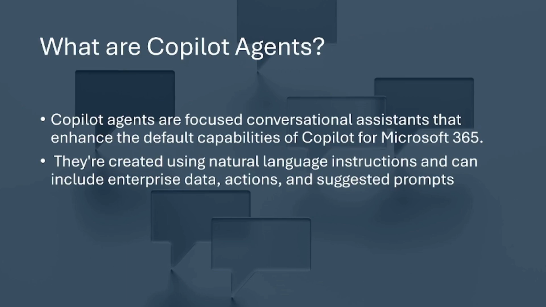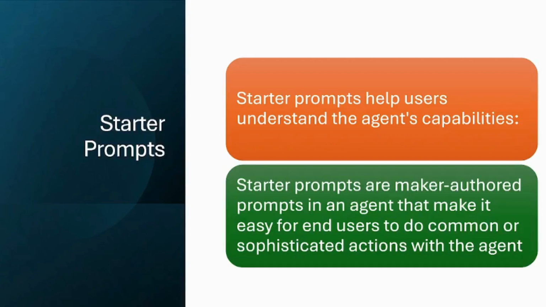You can build an agent specific to a particular prompt, or it might be connected with a knowledge base or actions. These are created using natural language instructions and can include enterprise data, actions, and suggested prompts.